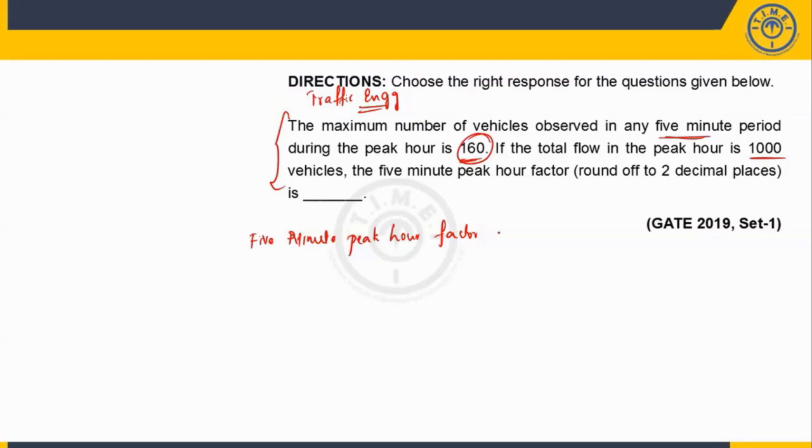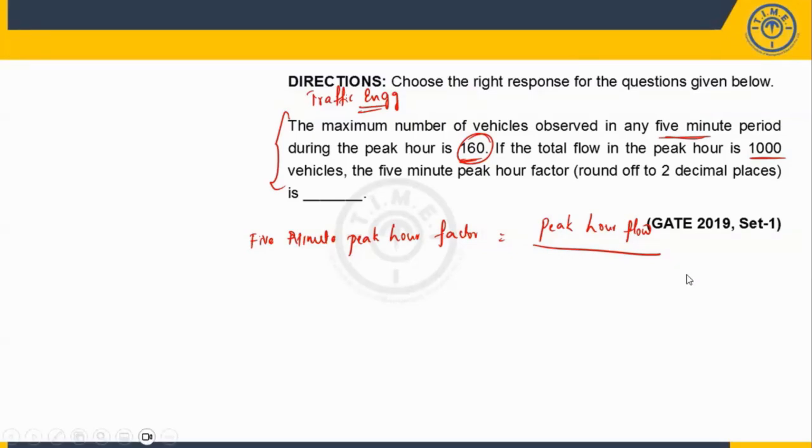What we do is peak hour flow. What do you understand by peak hour flow? Generally during evening 5 o'clock to 6 o'clock, the hour where you have the maximum traffic, we call it peak hour flow.